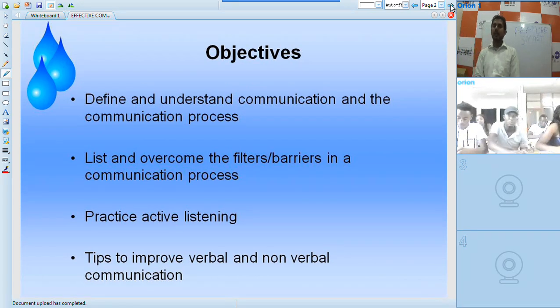So these are the various points by which you can improve your communication at the workplace. You need to take proper tips while improving verbal or non-verbal communication.